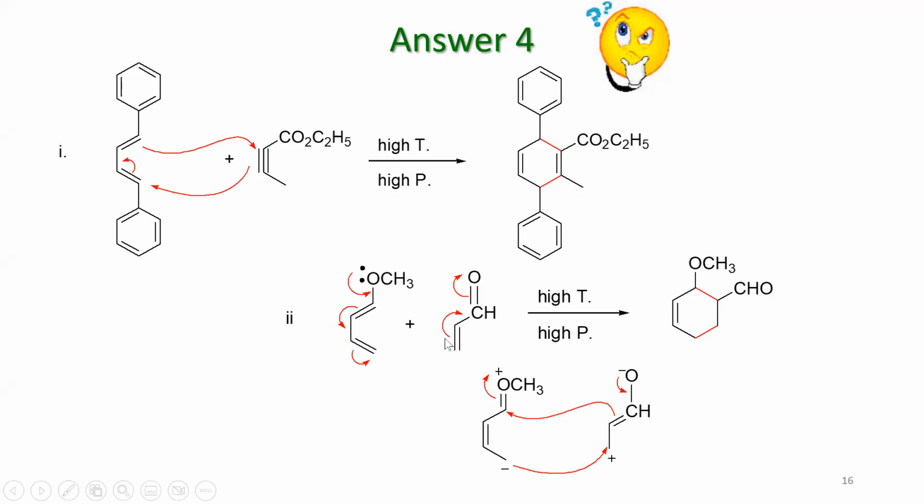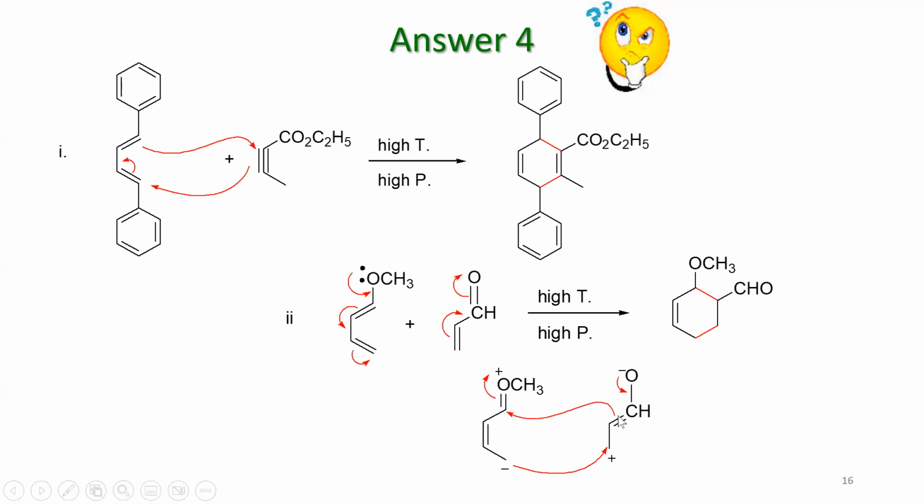In this case, it's a little tricky. Now in this diene, you have an OCH3 group attached, so the non-bonded electrons can move like this to give you a resonance structure like this. In the same way, this dienophile also can show resonance like this.